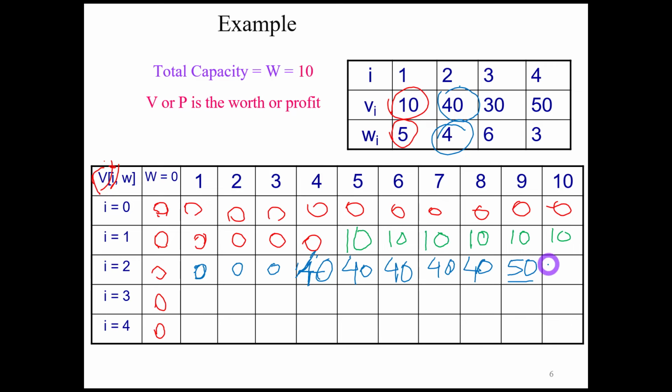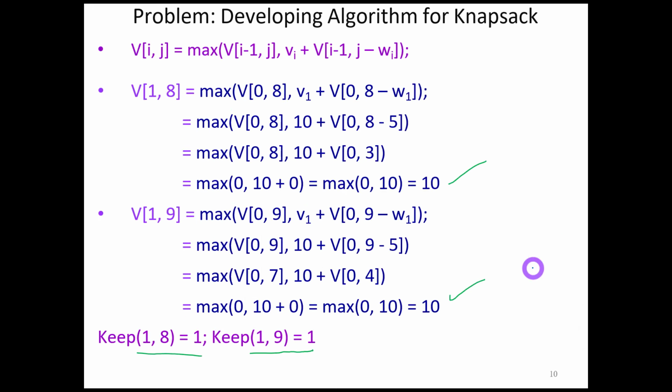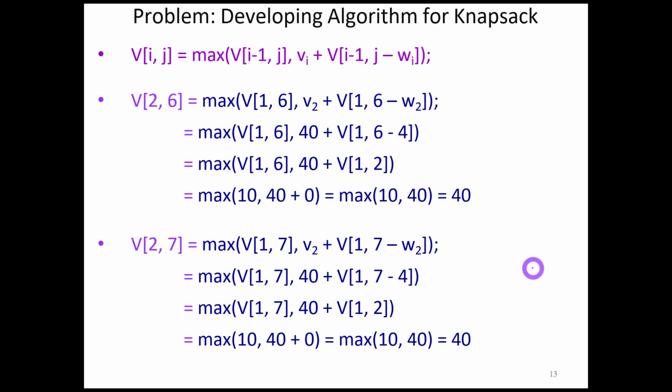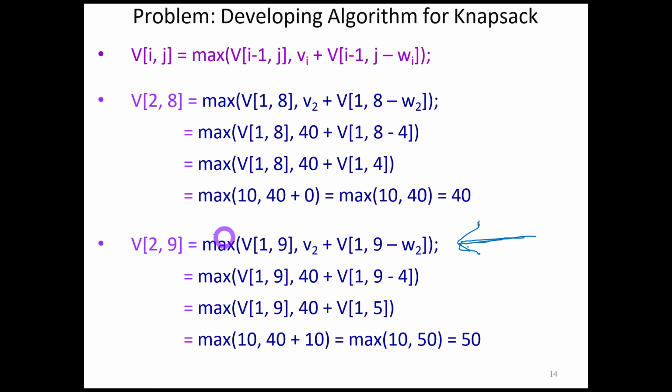Similarly, in the next column, when the value of the allowed capacity is 10, I can also keep both these items, that is 50. Now let's solve it using the formula. Right, this one here. So when i equals 2 and j equals 9, put it in the formula. 2 minus 1 is 1.